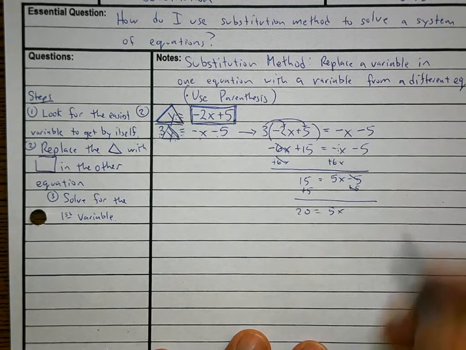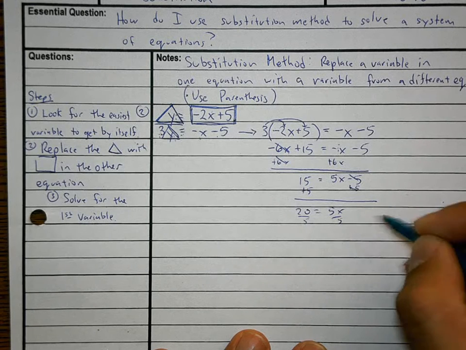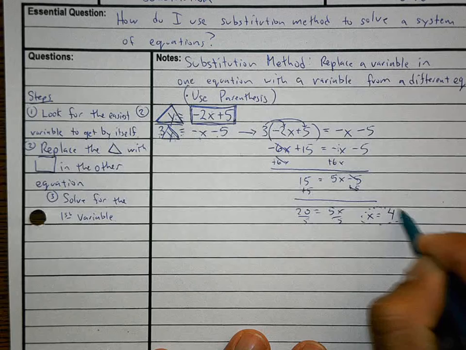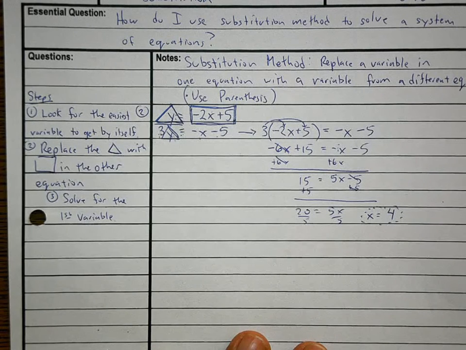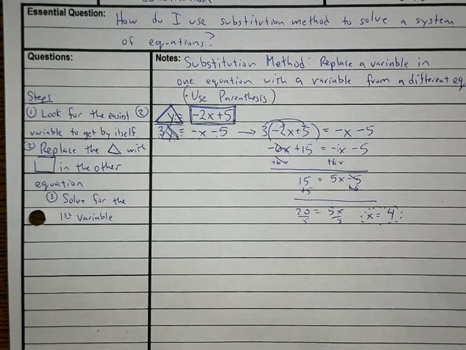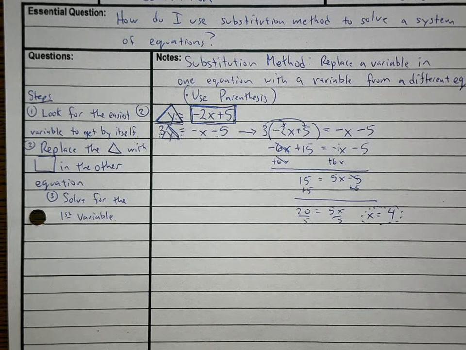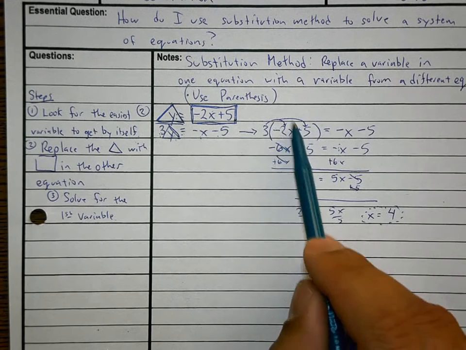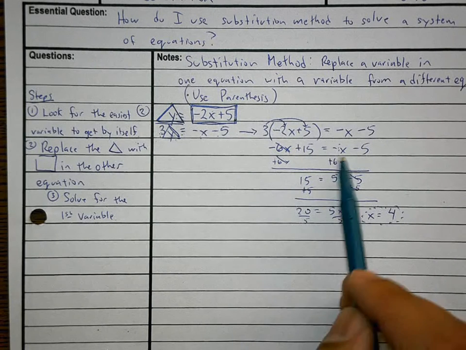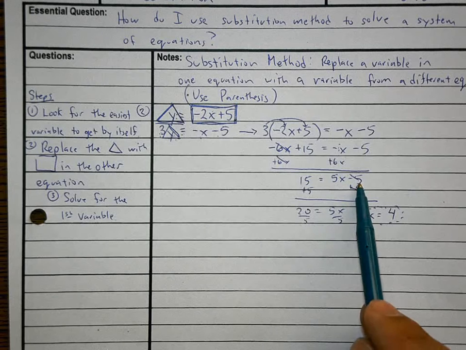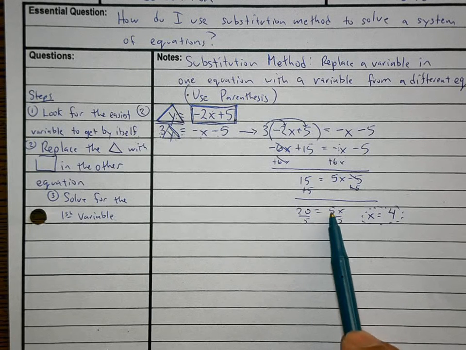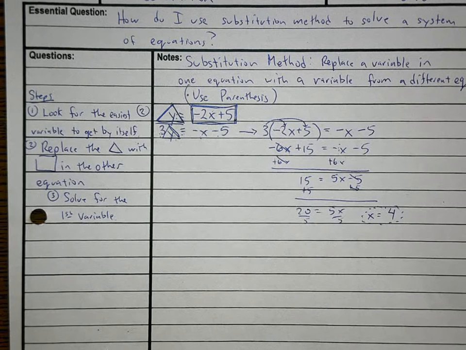Then I'll divide by 5, which is all stuff we've done before, and you have solved for the first variable. You have done step 3. All I've done is the math. Get this by itself, move the 5 over, do the opposite of times, which is divide, and I get x equals 4. That's half of your answer.